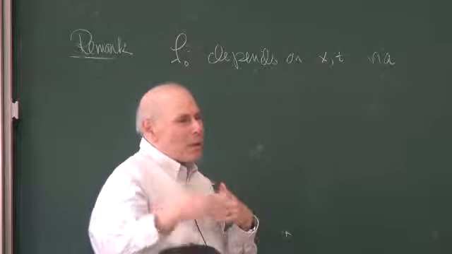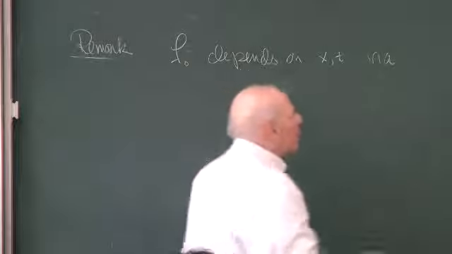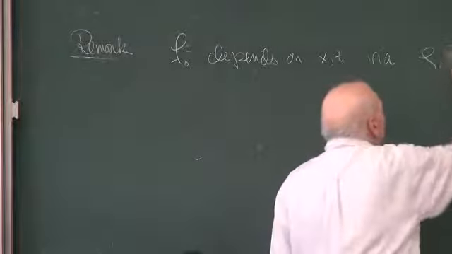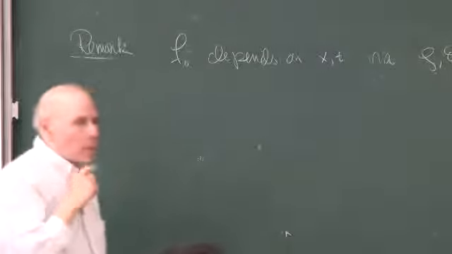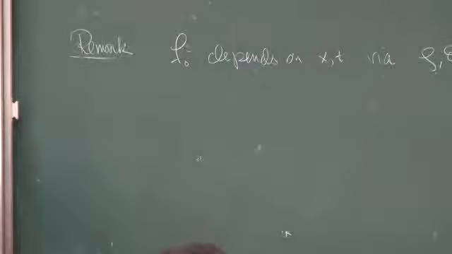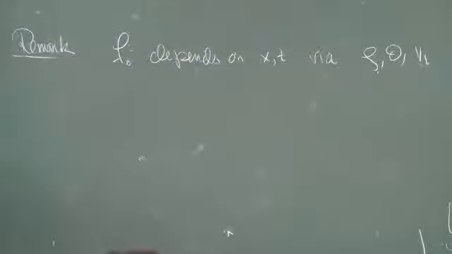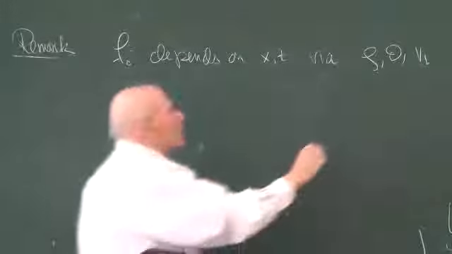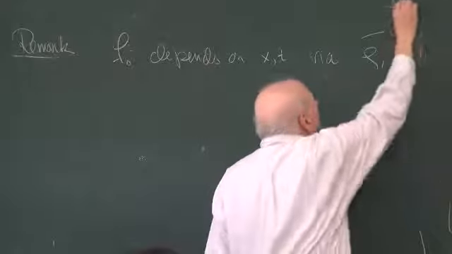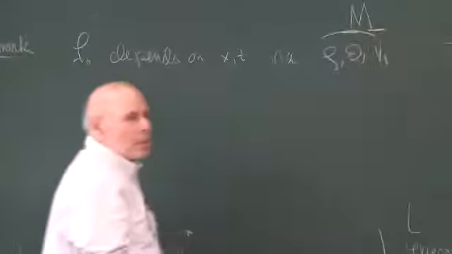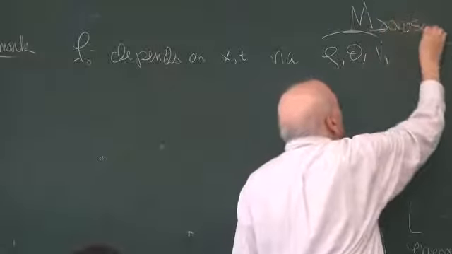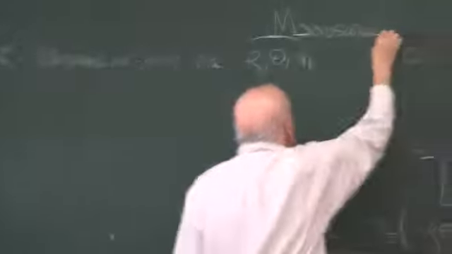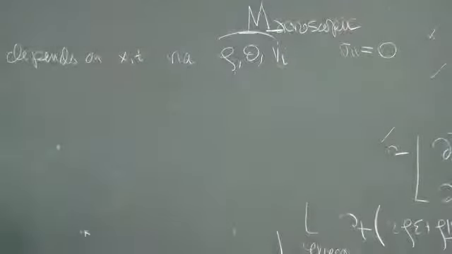I can only talk to my friend through the macroscopic variables, rho, theta, and v. Now that's very nice, because the equations should only depend on these. Let's call these macroscopic guys capital M for macroscopic. So this is a great note.